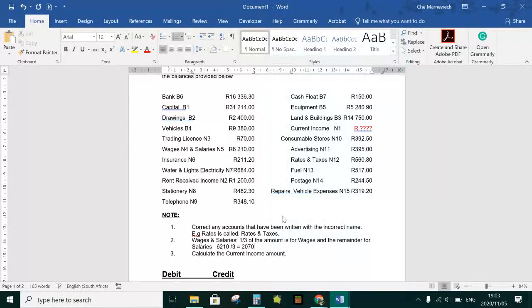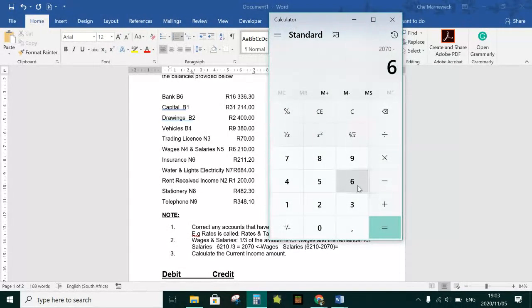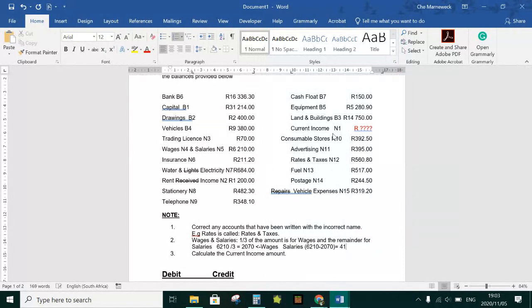So 2,070, that is wages. Salaries is the remainder. So salaries is 6,210 minus 2,070, which gives me 4,140. Now we're good to go.